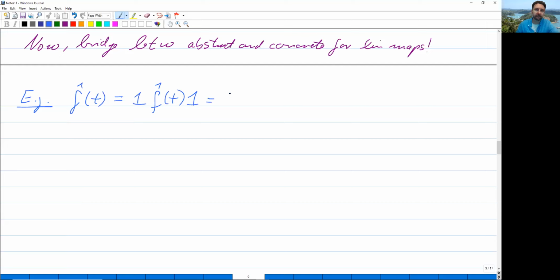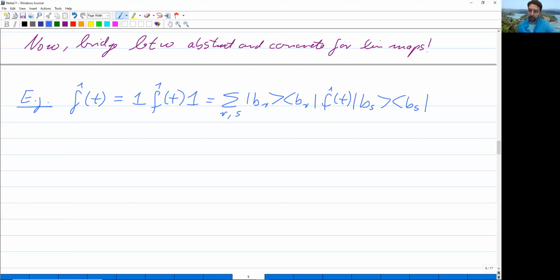So this is the sum over r of b_r, b_r, oh no, sorry, it's another r here. This is the resolution of the identity, the first identity. And then we put here our f hat of t. The t dependence doesn't really matter in this. And then we have the sum over s of b_s, b_s.